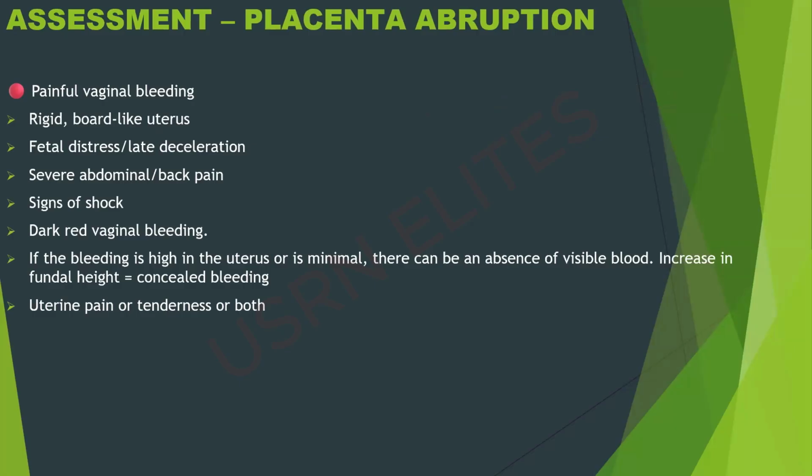So know that abrupt separation, placental abruption, or abruptio placentae is painful. The mother will be bleeding because it has detached from the wall. And once the mother is bleeding, blood will be collected in the uterus. And that will make the uterus rigid and board-like.